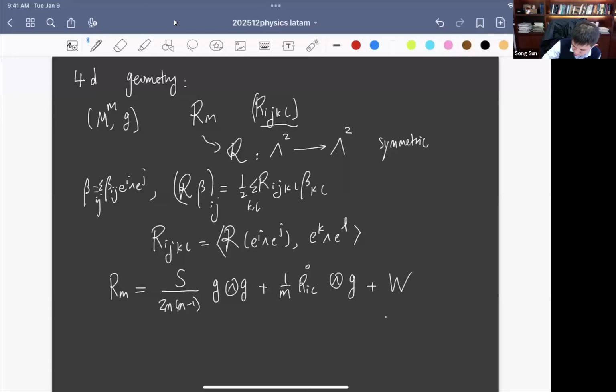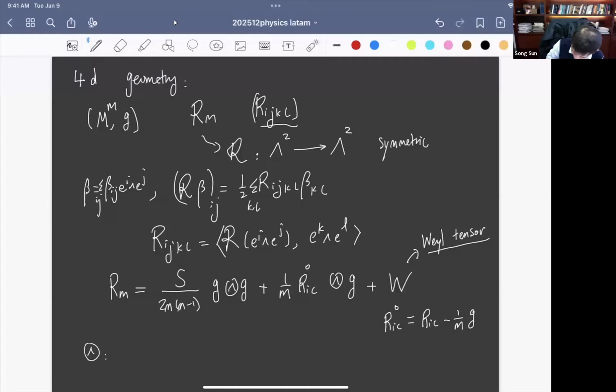The traceless Ricci is just the Ricci tensor minus its trace, and W is the Weyl tensor. It's a conformally invariant object. And the Kulkarni-Nomizu product sends symmetric two-tensors to curvature-type tensors.